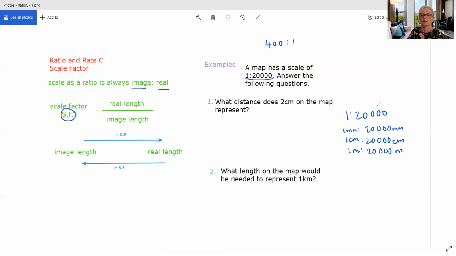Now, we don't normally talk about 20,000 centimetres, so we would then generally convert to a more appropriate unit.